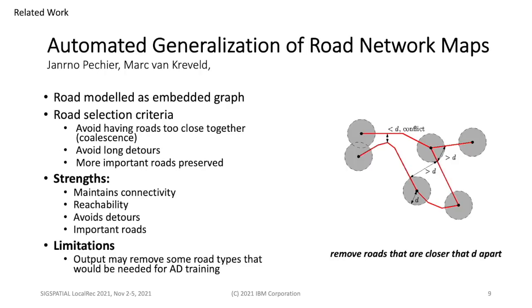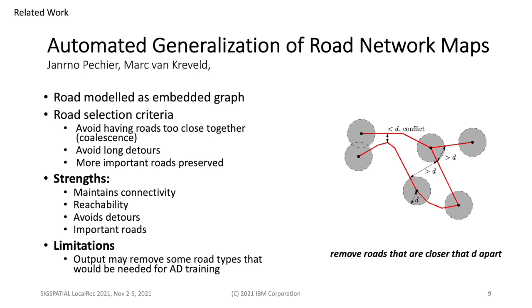Other related research in this space was titled Automated Generalization of Road Network Maps by Pescia and Creveld. In this case, they modeled the road as an embedded graph and used selection criteria as follows: avoiding roads that were too close together, avoiding long detours, as well as preserving the most important roads.